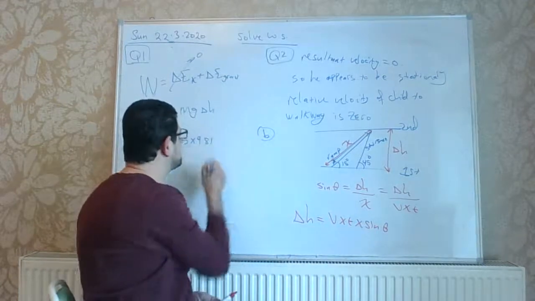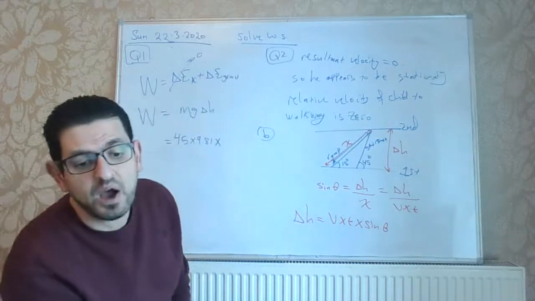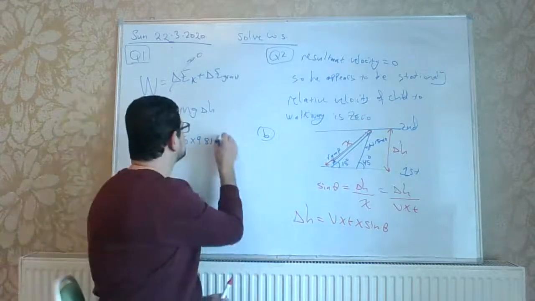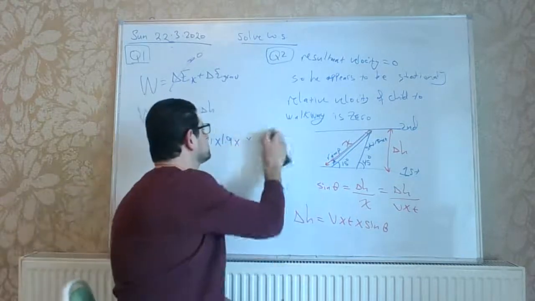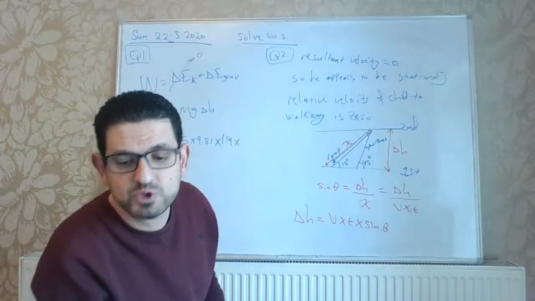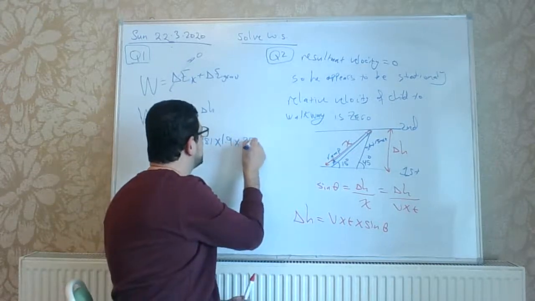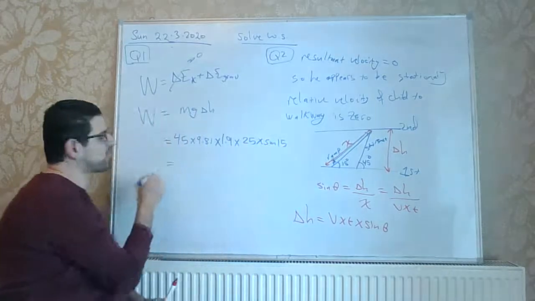Now substitute it here. The velocity is 1.9, the time is 25 seconds, sine 15. This is why it's a 4 marks question.